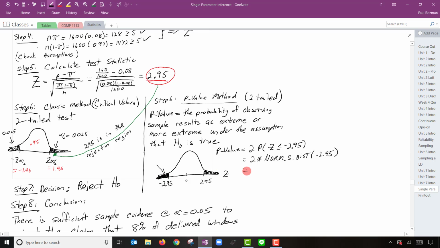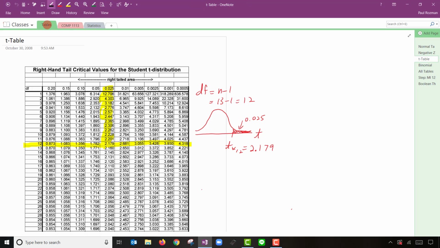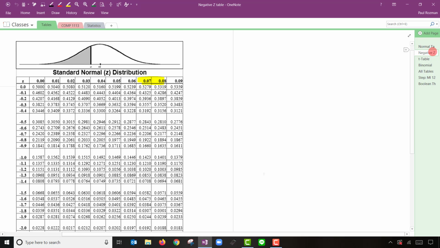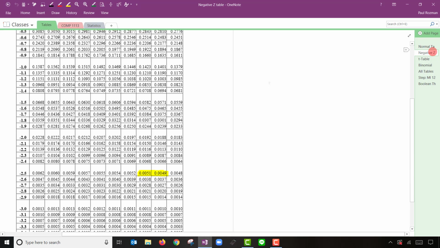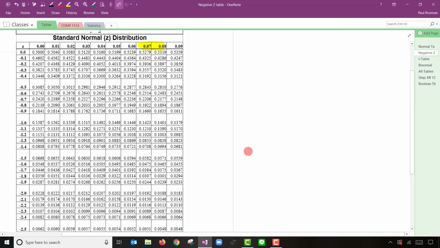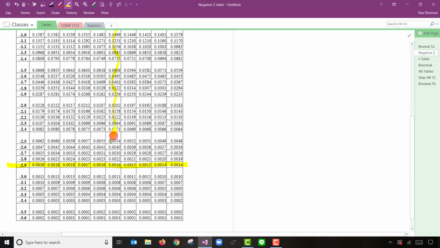From our z table, we can just jump to those. We have a negative z table. We're looking for negative 2.95. See, this table gets a workout. Let's erase this other stuff. 2.9. And what column are we in? So our probability of being in that lower tail is 0.0016.